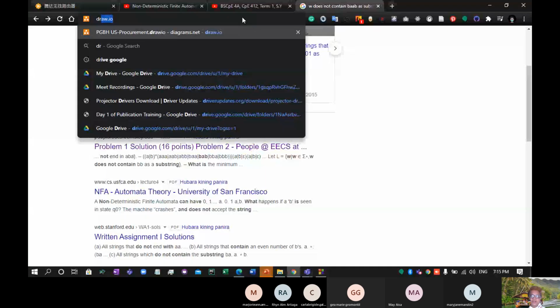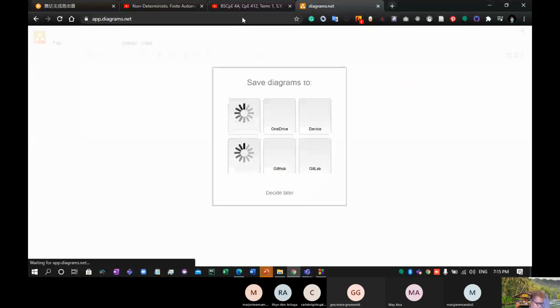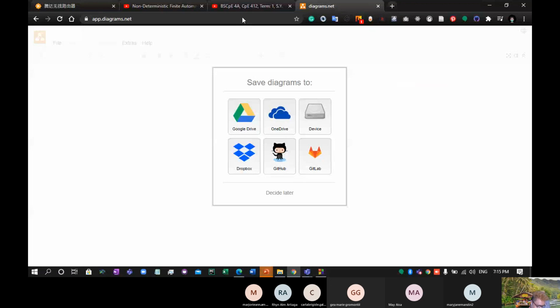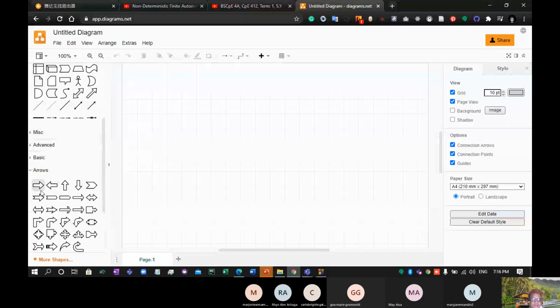I hate this browser. Can I do this? Arrows. Ah, okay.